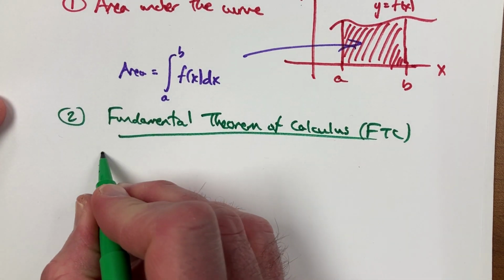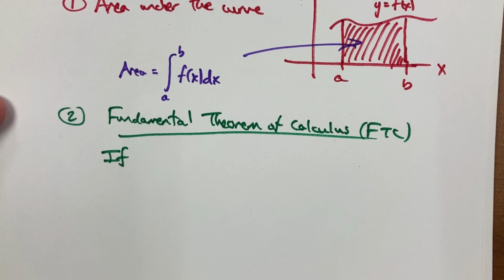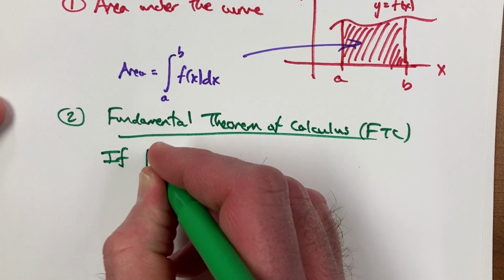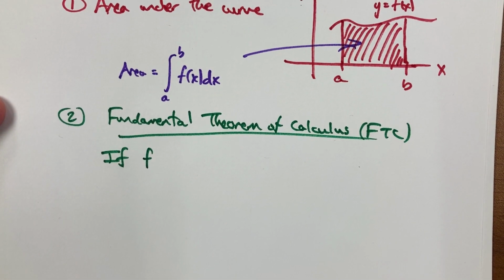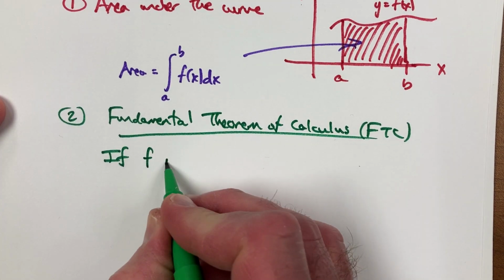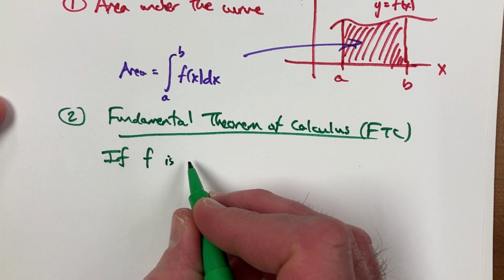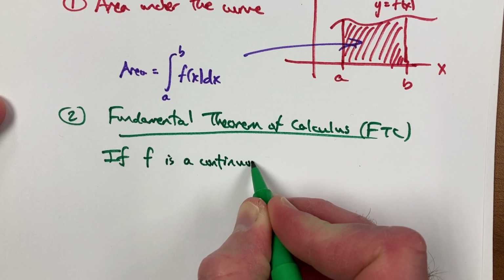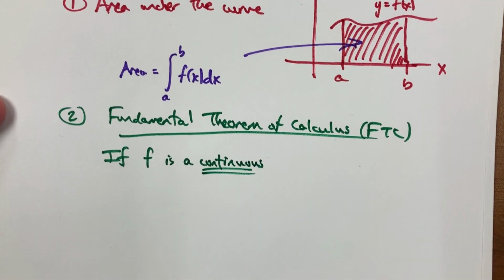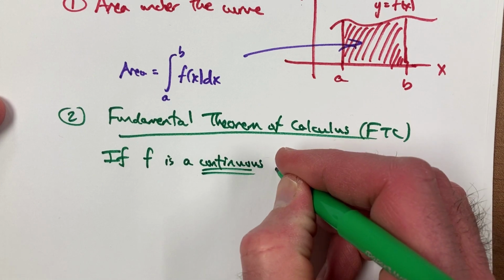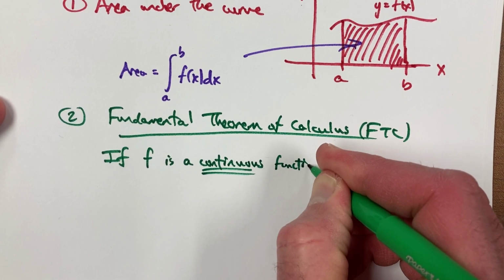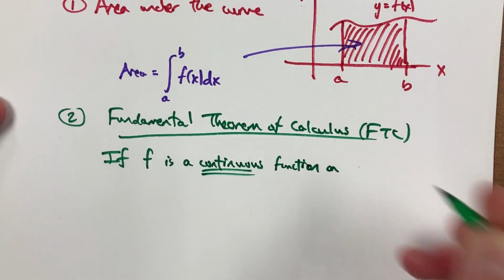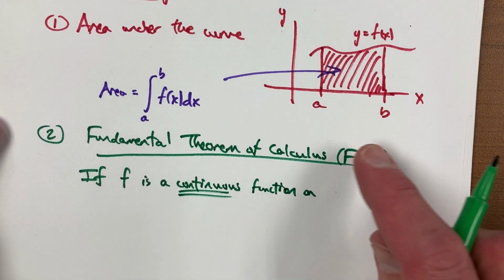What's the if part? If little f is a continuous function on a certain closed interval. How about the interval from a to b?